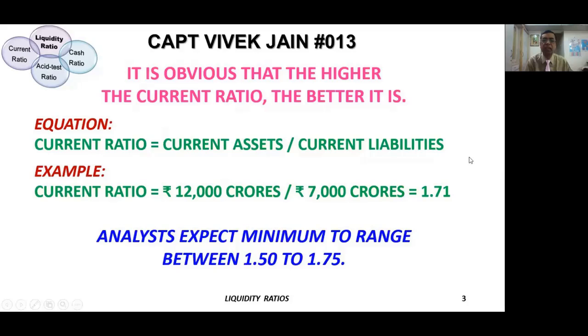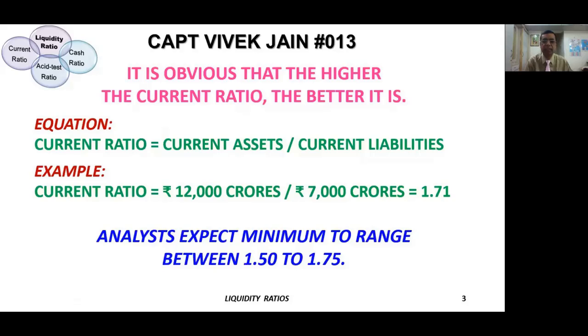It is obvious that the higher the current ratio, the better it is as far as the company's financial strength is concerned. The equation goes: current ratio is equal to current assets divided by current liabilities.